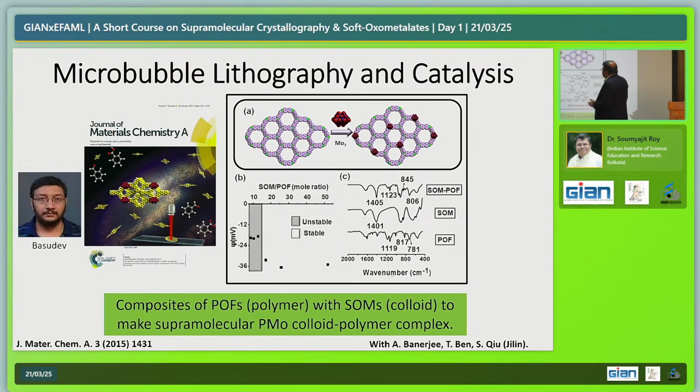Then with Vasudev, we also joined hands with Benthang and Professor Choshilan from Jilin University. So they made this type of porous organic frameworks for us. And then we were able to put these MO7 type units. This is positively charged, this is negatively charged, this is a very simple unit.